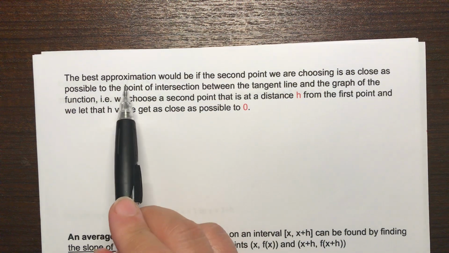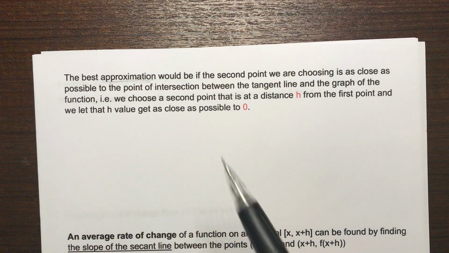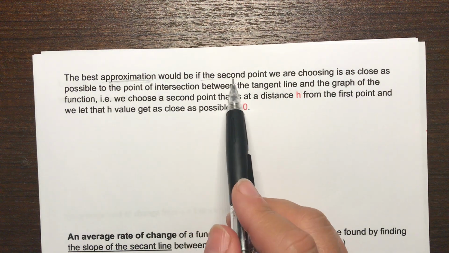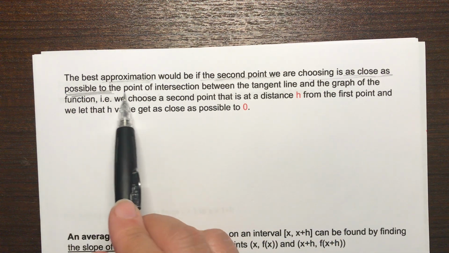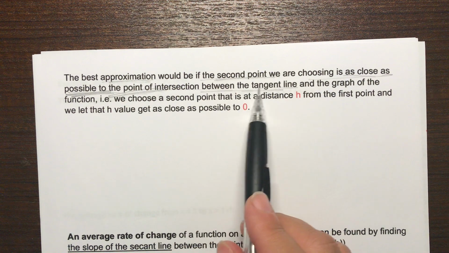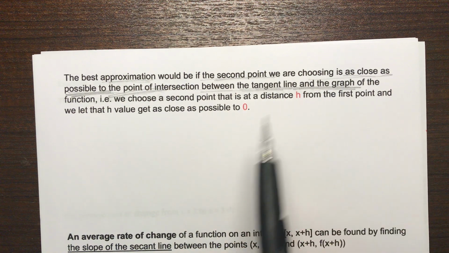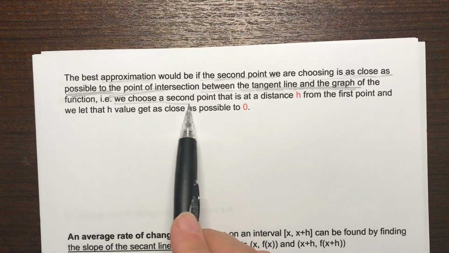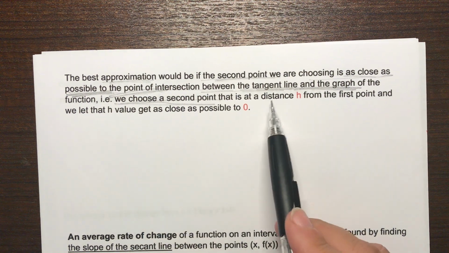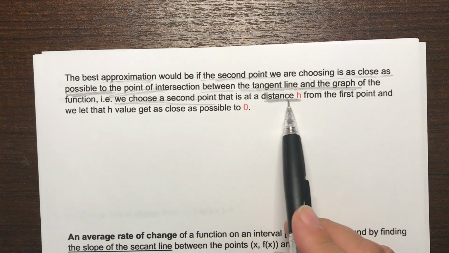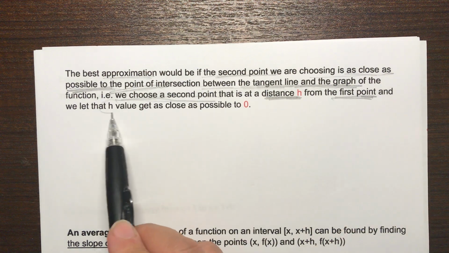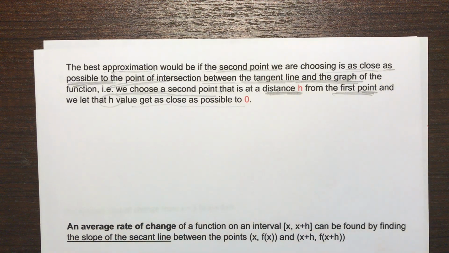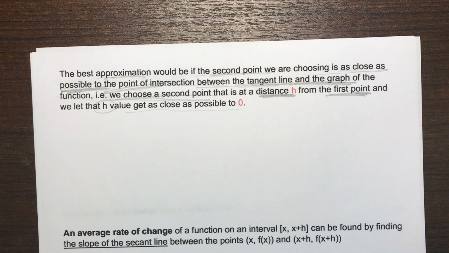That the best approximation for the tangent line would be if the second point we are choosing is as close as possible to the point of intersection between the tangent line and the graph of the function. In other words, we choose a second point that is at a distance, let's say a random h, from the first point, and we let that h value get closer and closer to 0.